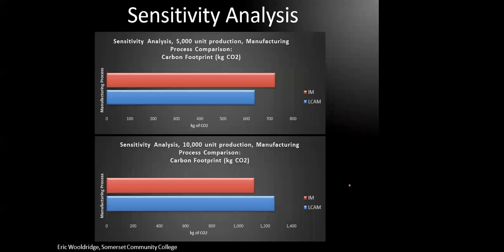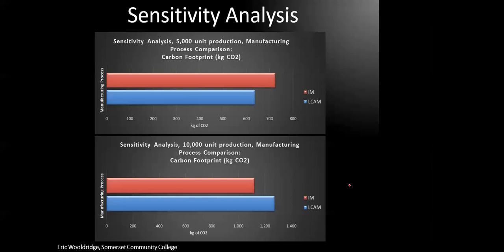The 5,000 unit point, we're still below injection molding, but we are closing in on its overall carbon footprint. When we cross the 10,000 mark, we're actually exceeding the carbon footprint. So there was a zone where additive no longer was beneficial in comparison to the two. However, I want to caution you on this because there's another factor that we'll talk about in a second that may shift this data as well.